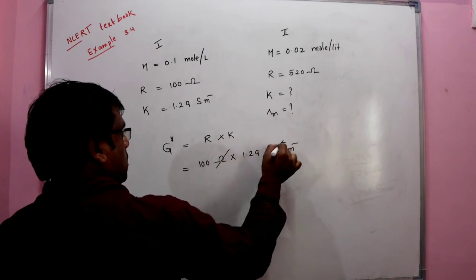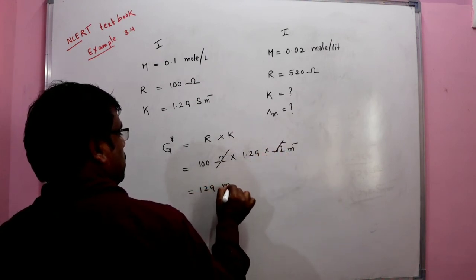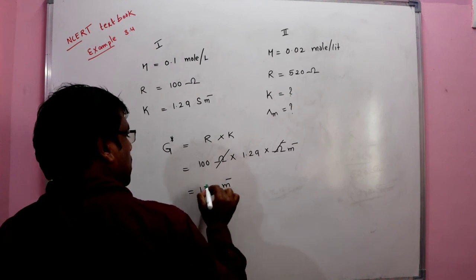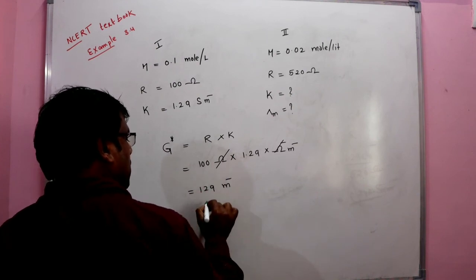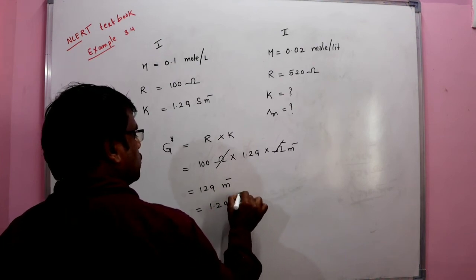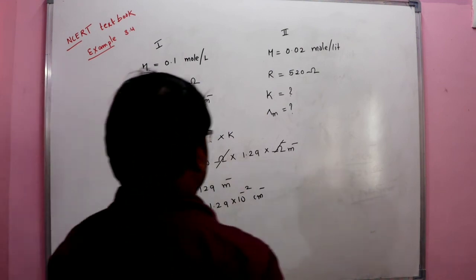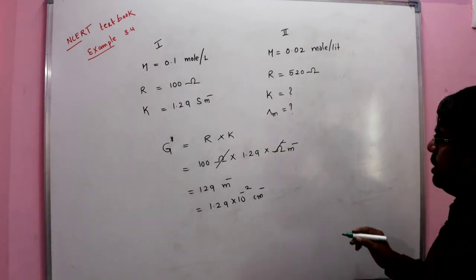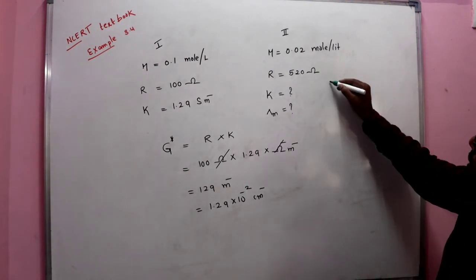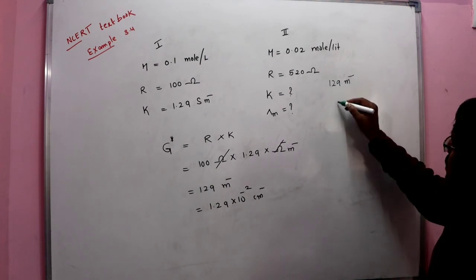Then finally we will get 129 meter inverse. This 129 meter inverse can be written as 1.29 into 10 power minus 2 centimeter inverse also. How? 129 meter inverse can be written like this.